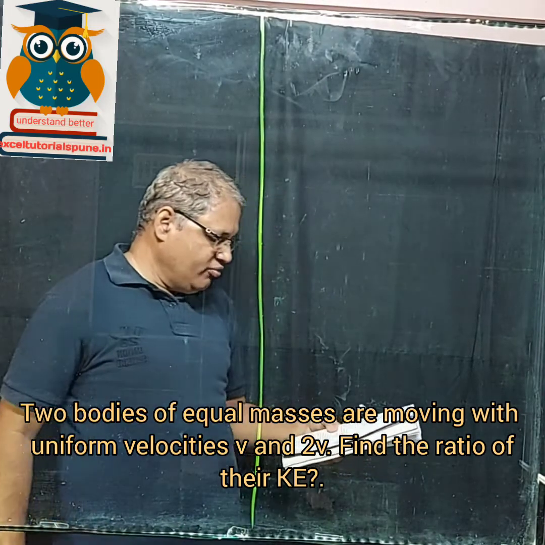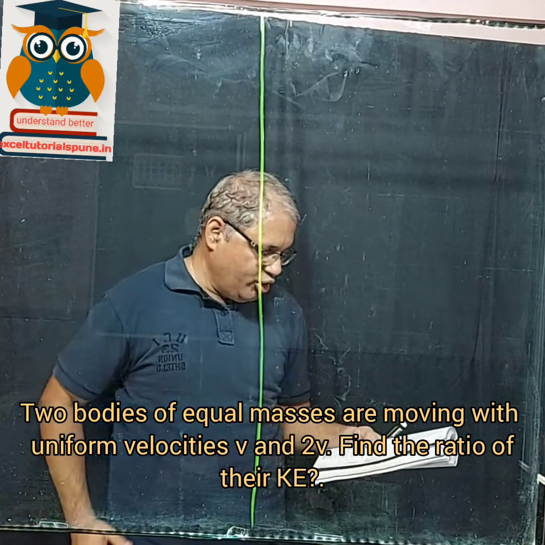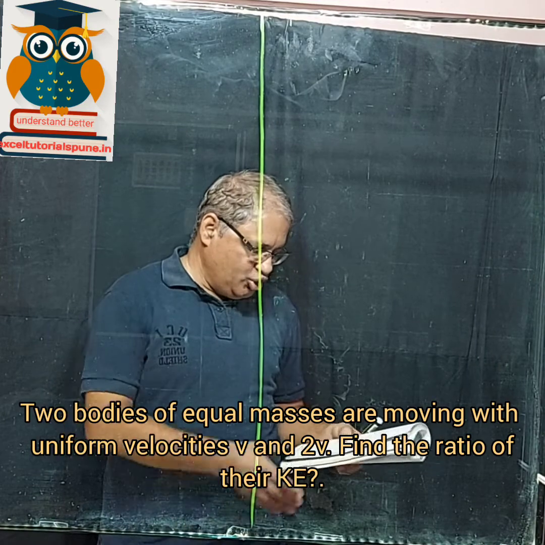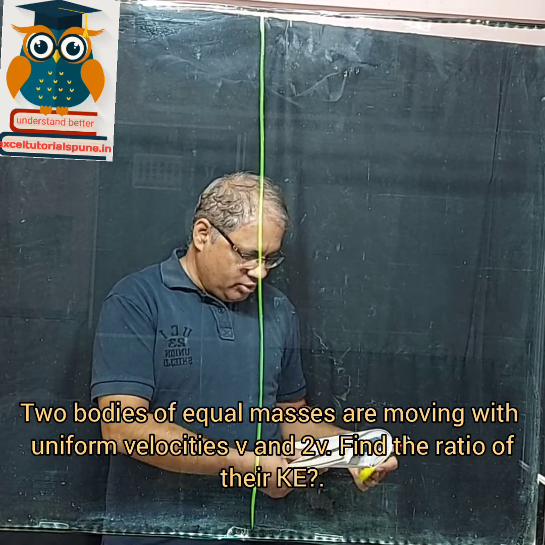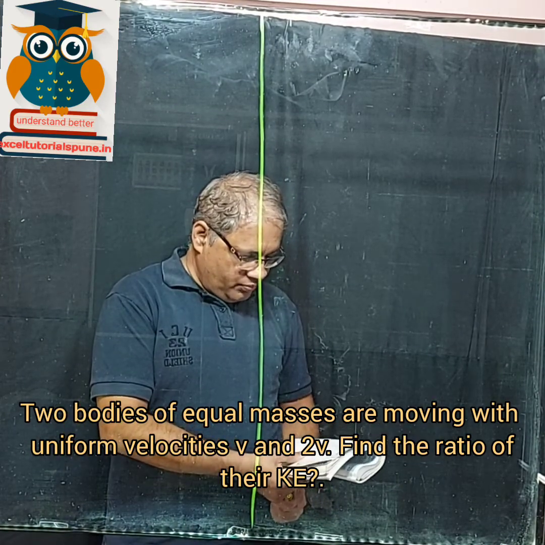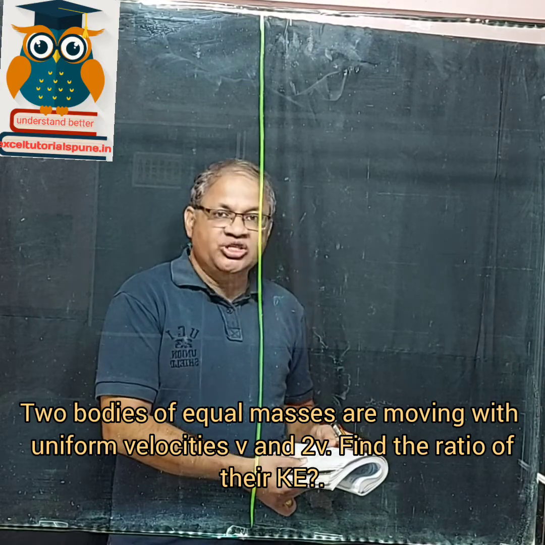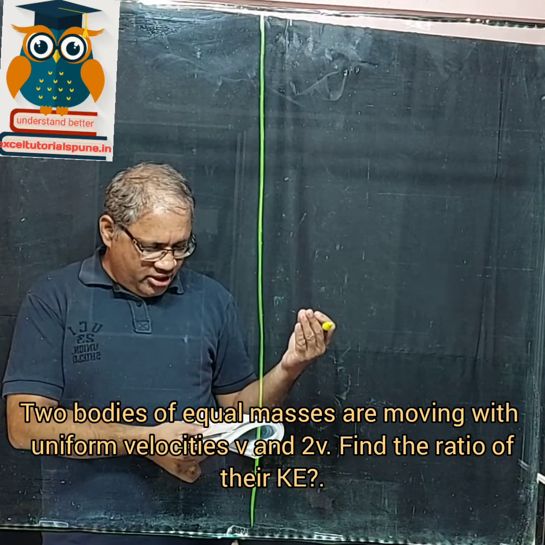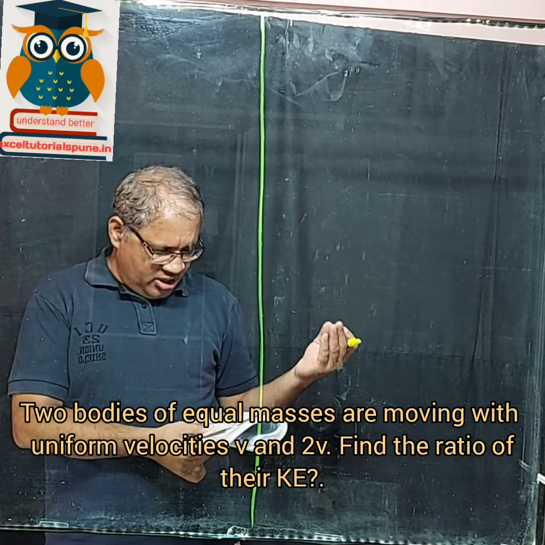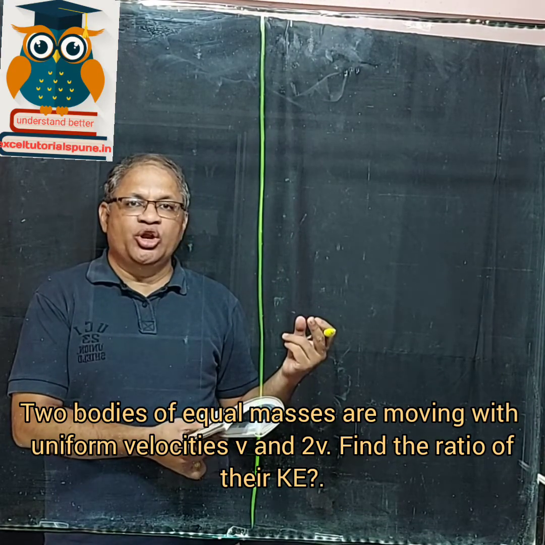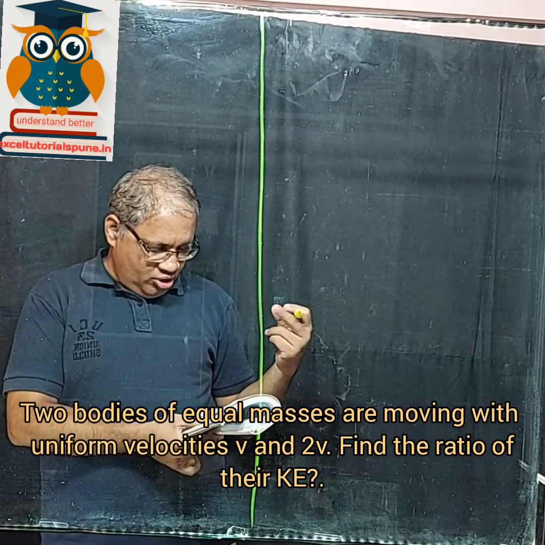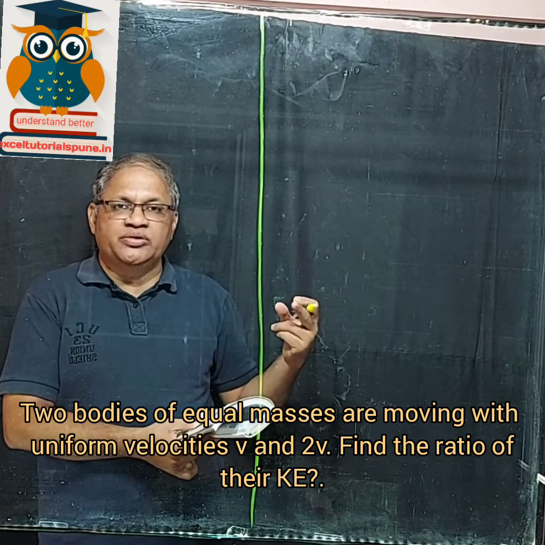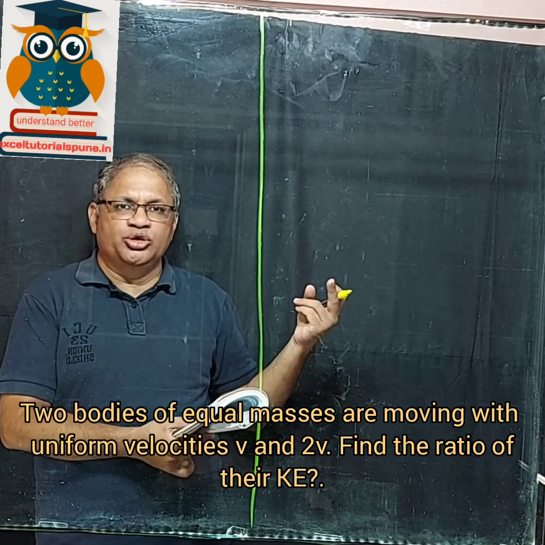Two bodies of equal masses are moving with uniform velocity v and 2v. Find the ratio of the kinetic energies. Kinetic energy is half mv square, and in one part you have to take the velocity as v as usual, and in the other part the velocity is 2v, because there are two bodies, one with velocity v, another with velocity 2v.